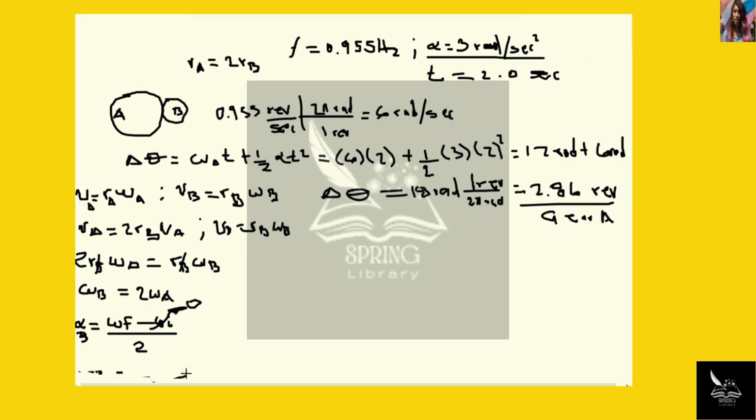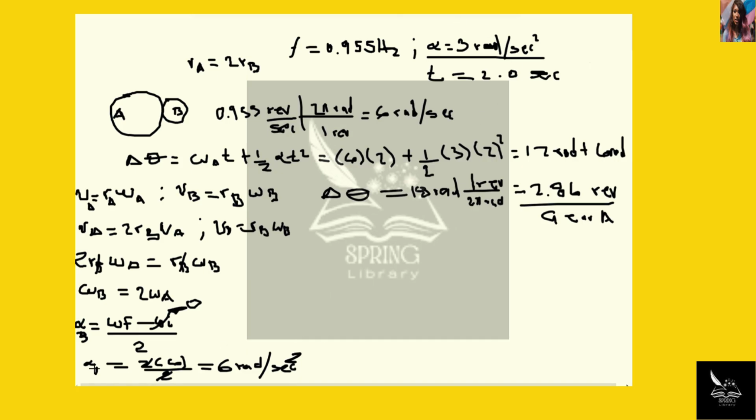We cannot see this properly, so I'm going to write it again. It's equal to 2 times 6 over 2. This cancels, and it's 6 radians per second squared.